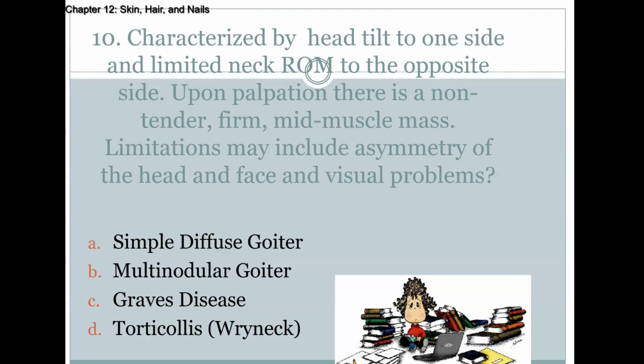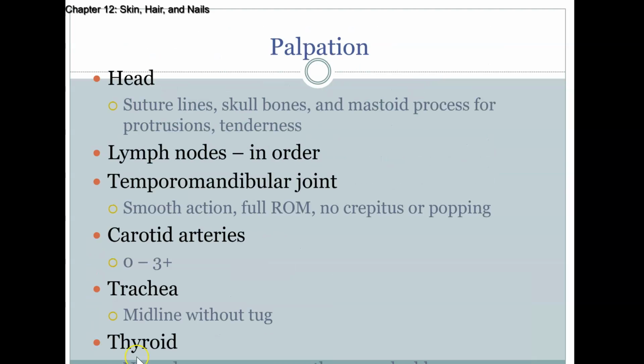And you can see a picture of this along with the other things that are in there. So you're going to do palpation. You're going to look at the head. You're going to do the lymph nodes in order. You're going to do the temporomandibular joint, and you want to make sure the person can do range of motion, and then you're going to press your fingers and tell them to clench their teeth and see if there's any popping or anything like that.